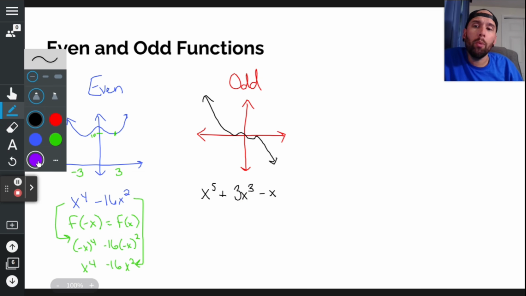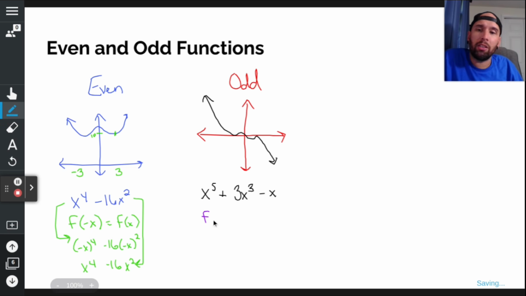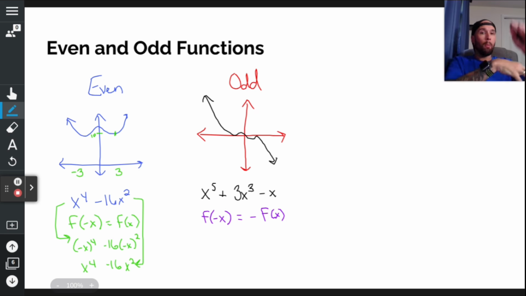One way that we can test this out is if I were to replace every x with negative x again, am I going to be able to rip out a negative of everything and have f of x left over? In other words, if I plug in negative x, will my solution be the opposite for everything of what I started out with? Will I get negative x to the fifth minus 3x to the third plus x?